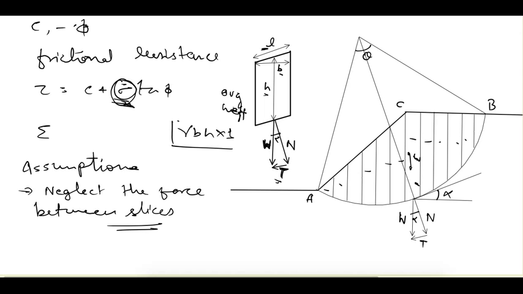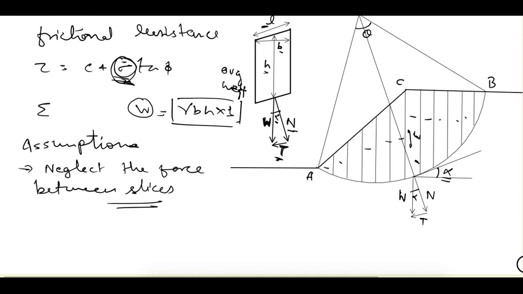So this is the weight of the soil in this part. Now we take the components of this weight. Alpha is the angle between the tangent and the horizontal, so alpha is also the angle here. So this is the normal component N and T is the tangential component.